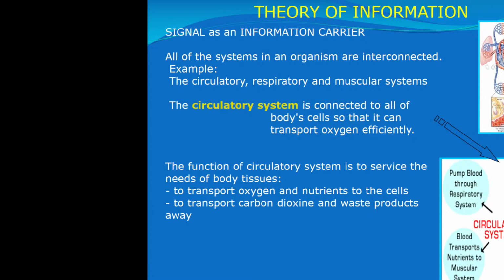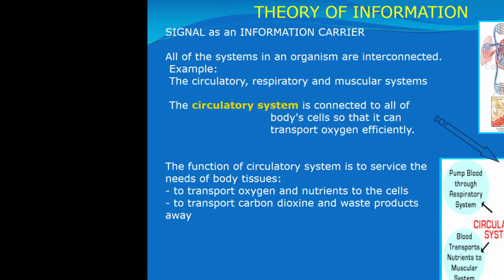For example, the respiratory system and the circulatory system work closely together to deliver oxygen to cells and to get rid of the carbon dioxide the cells produce. The circulatory system picks up oxygen in the lungs and drops it off in the tissues, then performs the reverse service for carbon dioxide.